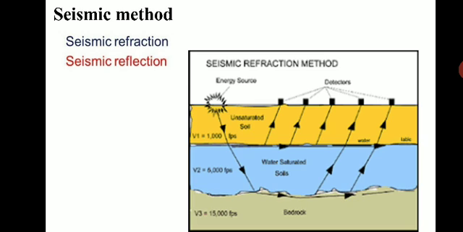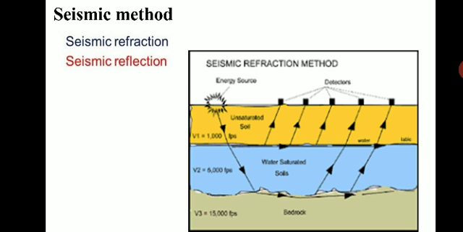Those are borehole physical or subsurface physical methods. So now we'll discuss the first method, that is the seismic method. Seismic method and electrical resistivity method are the surface type of geophysical methods, and they are very widely used. So first we will deal with the seismic method.